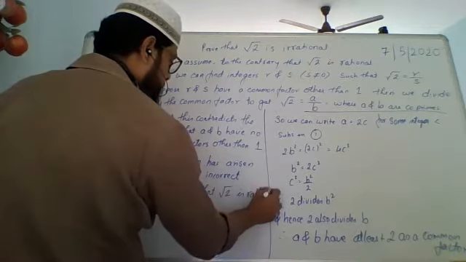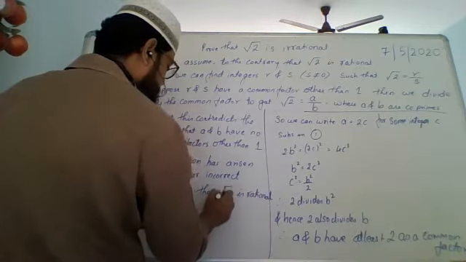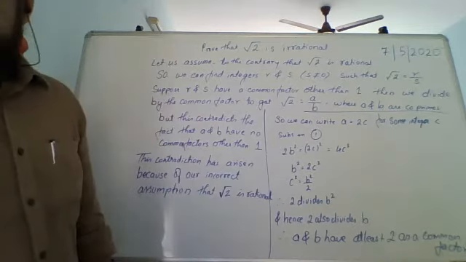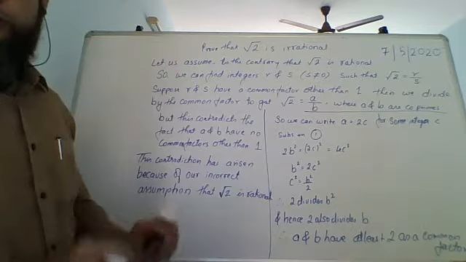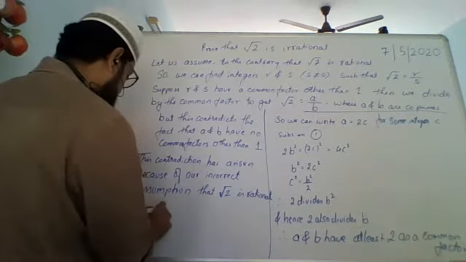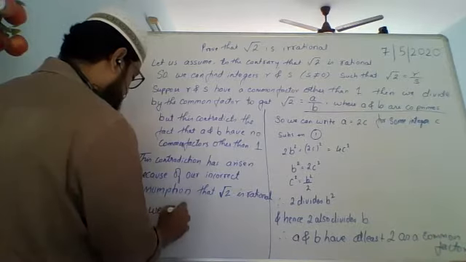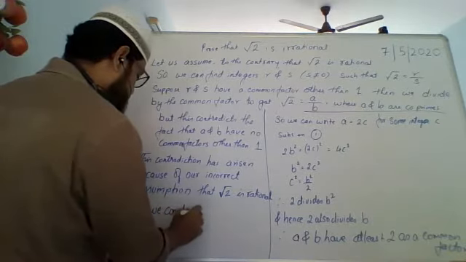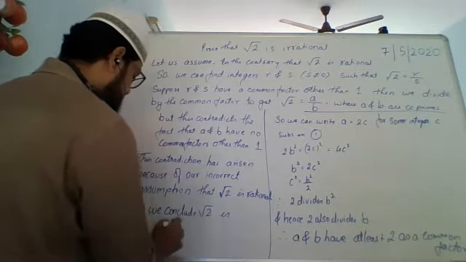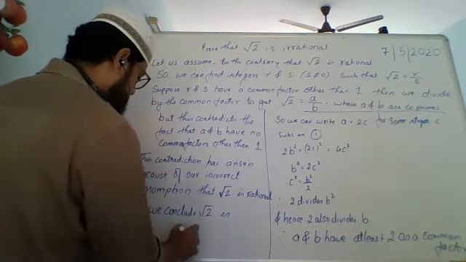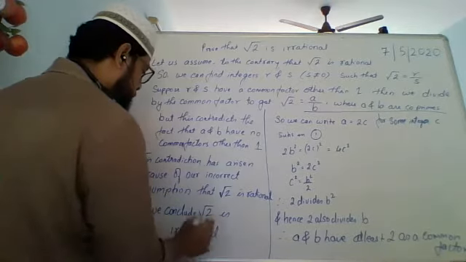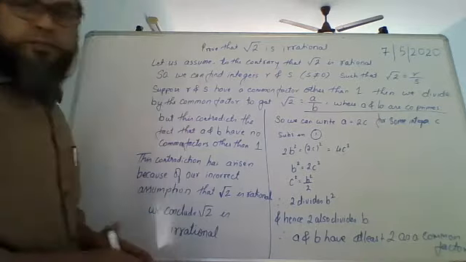Our incorrect assumption that root 2 is rational. Therefore, root 2 is irrational. Therefore, we conclude root 2 is irrational. This is called the indirect method, or proof by contradiction.